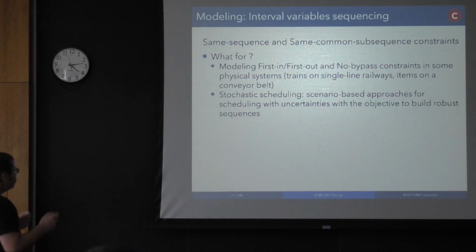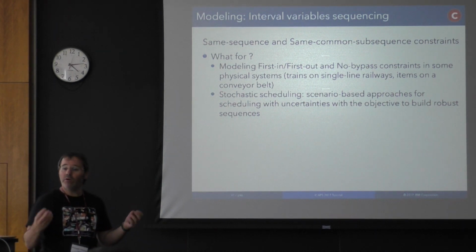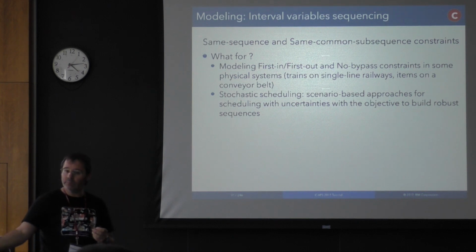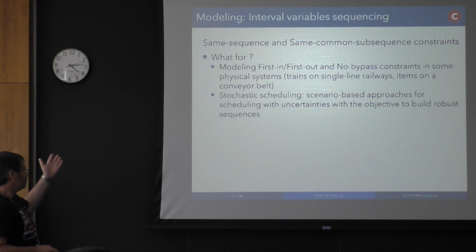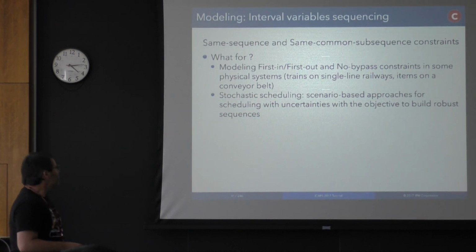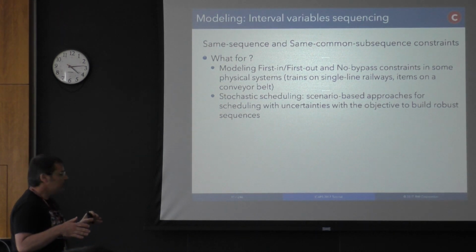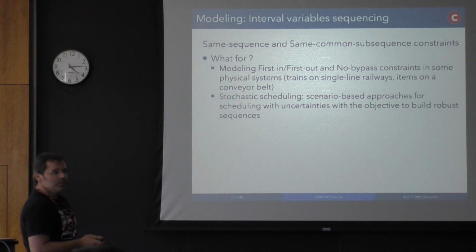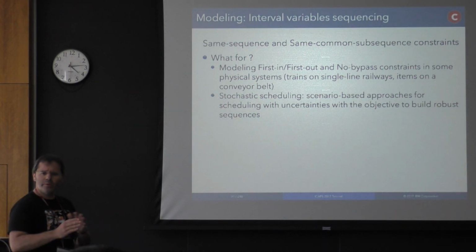Another very interesting thing is that because sequence variables are variables like other variables, you can also have constraints between two sequence variables. We have introduced two quite interesting constraints, which are very useful if you want to model things like first in, first out on some machines, or in general some spatial constraints like no-bypass constraints.